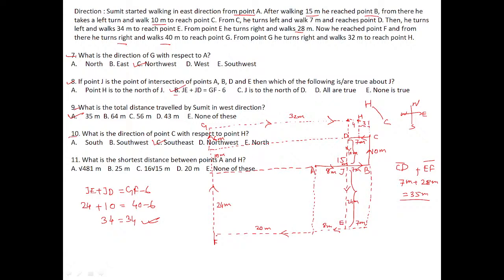Question number 11. What is the shortest distance between point A and H? For better understanding, I am just taking a cut of the particular part needed for this question.